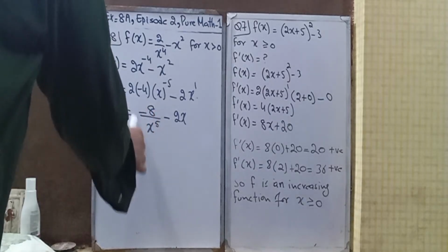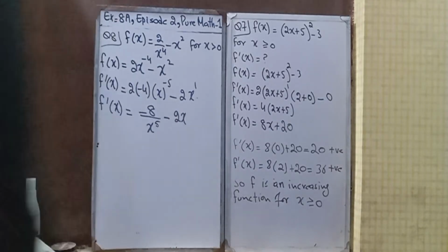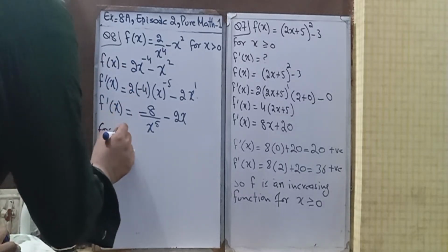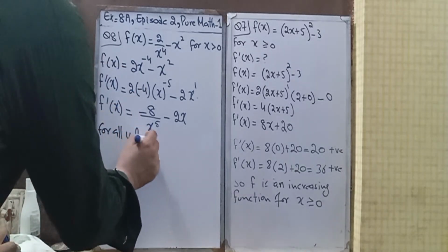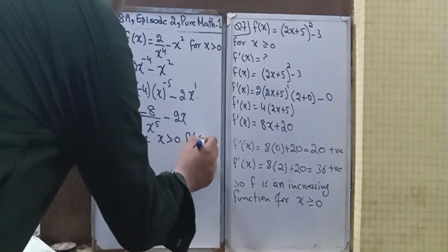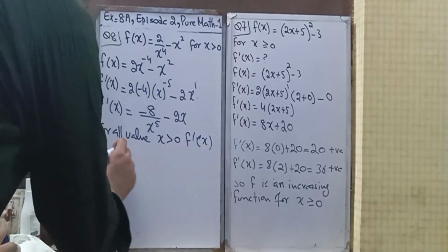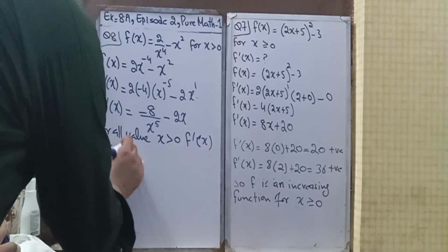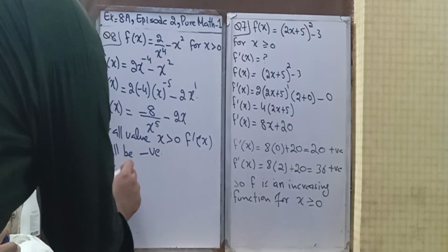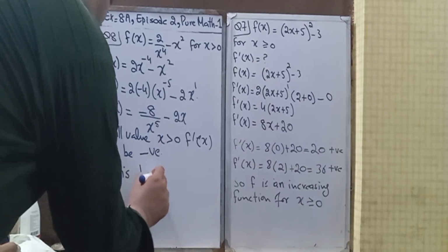This term will remain negative, and this term will also remain negative. So for all values of x greater than 0, this derivative will be negative. That means f is decreasing.